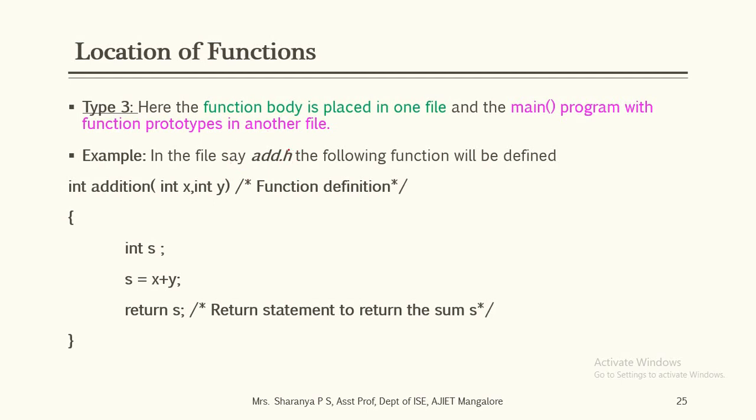This h refers to a header file, and we have defined the function int addition(int x, int y). x and y are the variable names, or parameter names as we refer to them, and we are computing the sum. This is what we refer to as a function definition. This will be stored in the file called add.h. It is now a completely separate file.